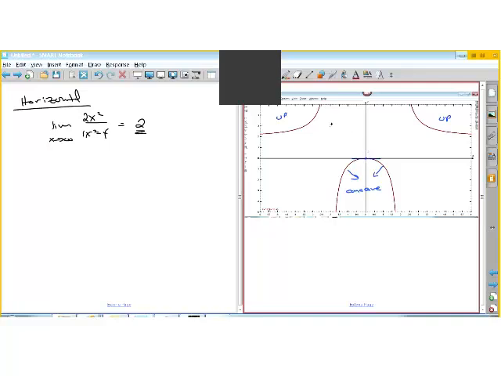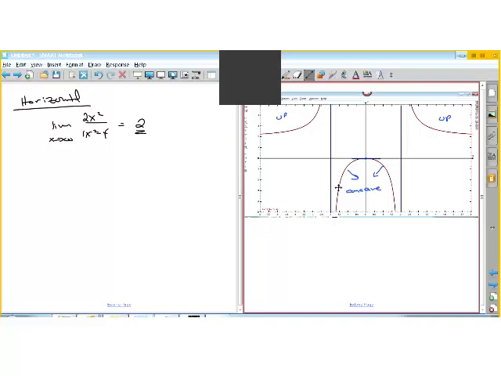You can see that's true. You can see its symmetry, how f of x is equal to f of negative x in all the cases. And the asymptotes, we said we had a vertical asymptote at x equals negative 2, and a vertical asymptote at x equals positive 2. So that's true.